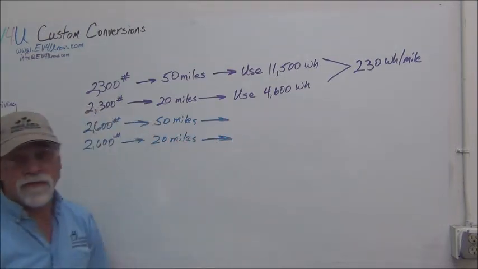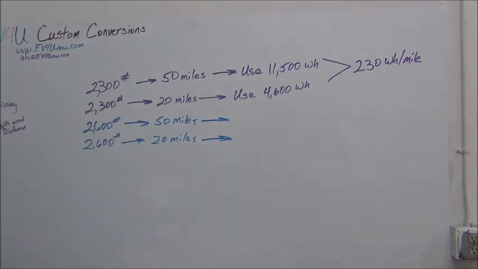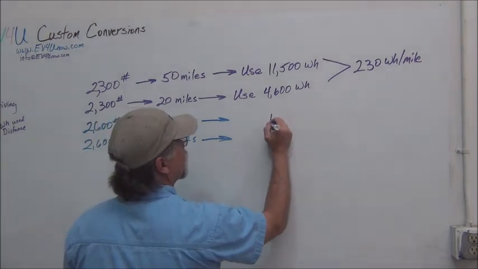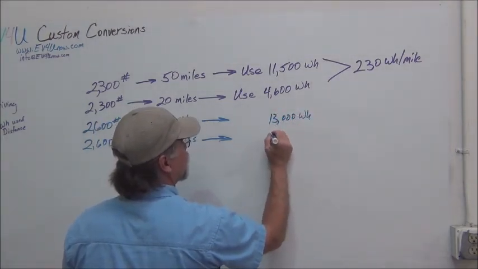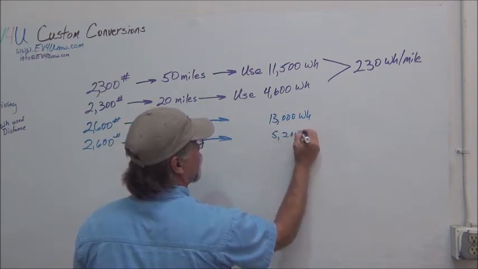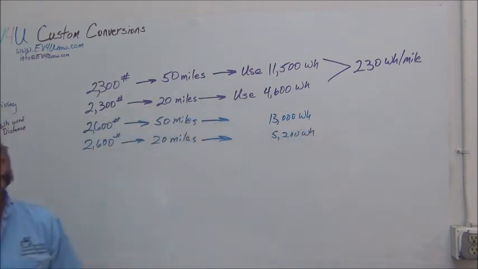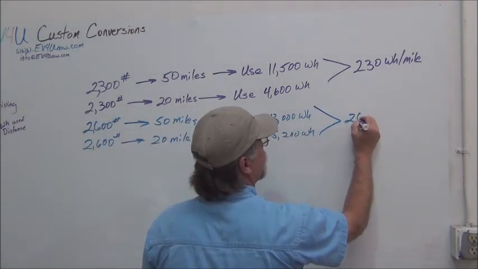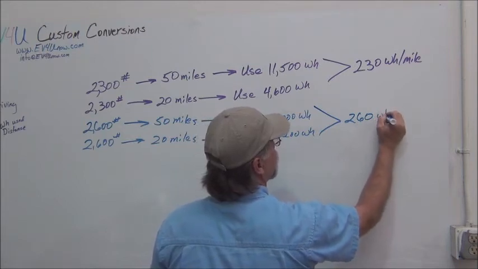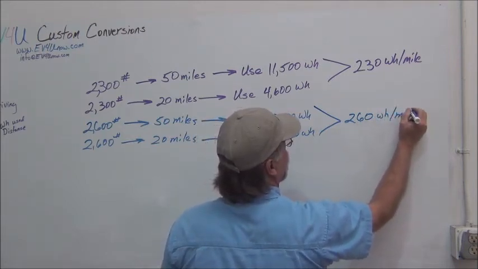And we observe the following, 13,500. What does this come out to? 260 watt hours per mile.